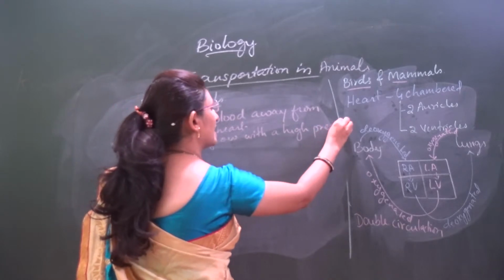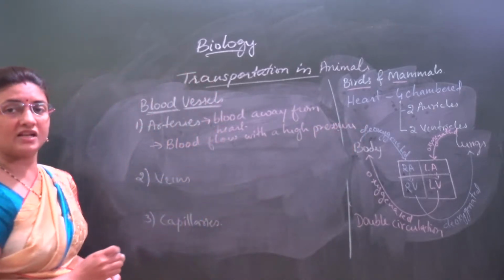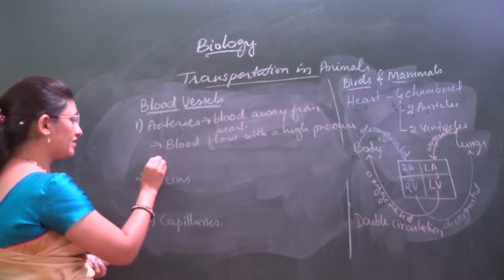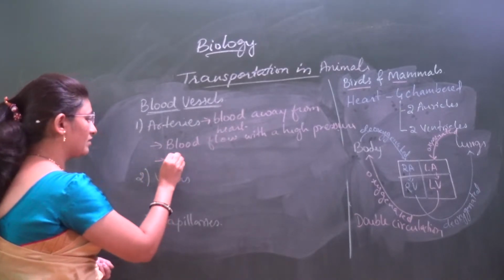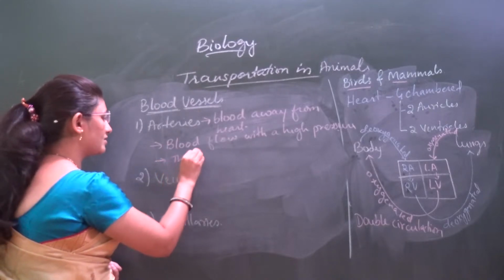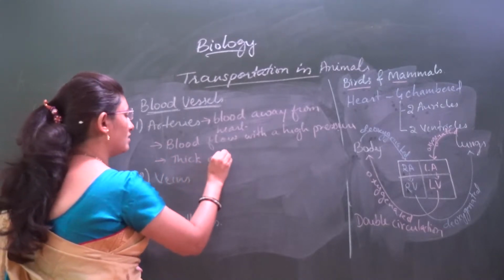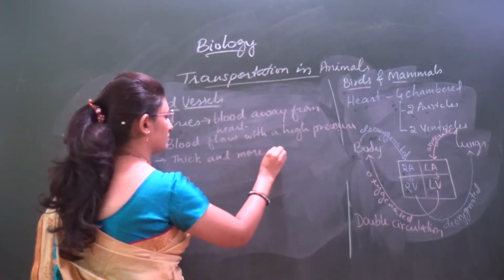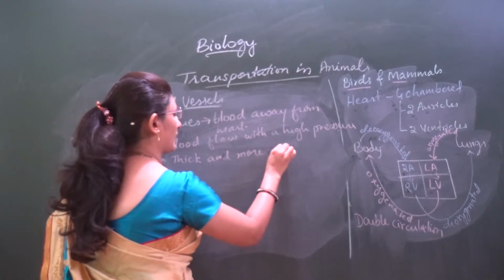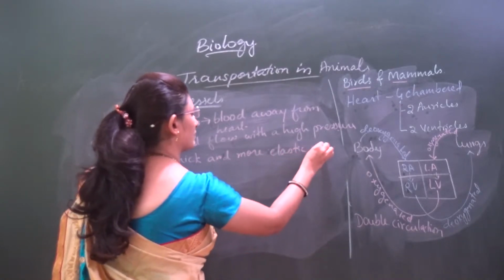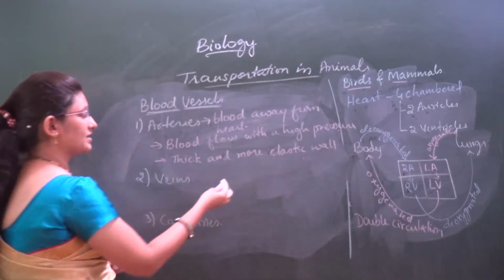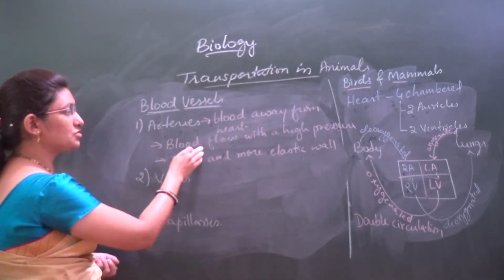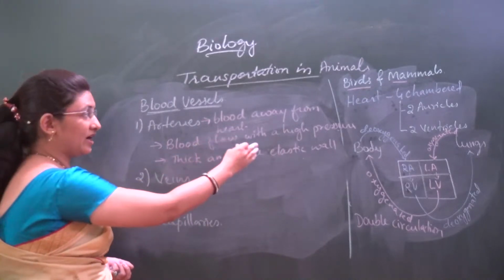When the pressure is high, what will happen? There are chances of rupturing. To prevent that, the walls of the arteries should be thick and more elastic, because blood is flowing with a high pressure.